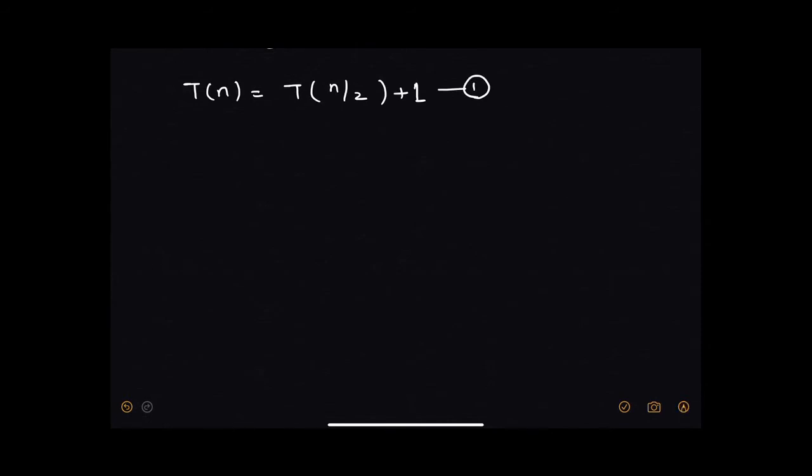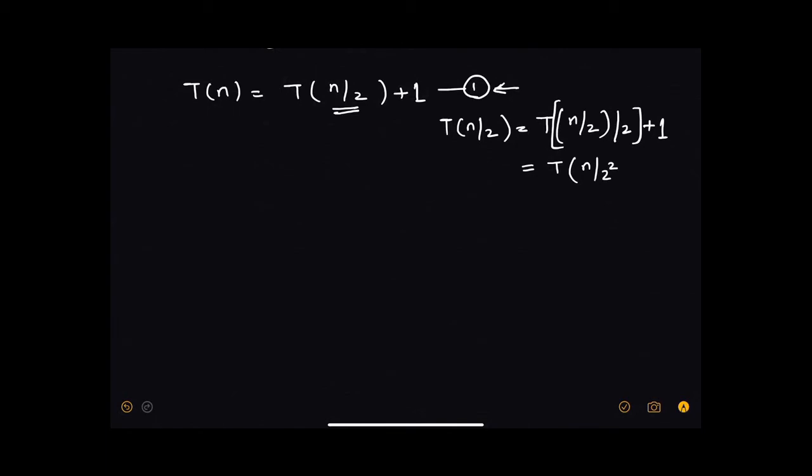I have to substitute the value of n by 2. So I'm going to use T(n/2) using this equation. So my T(n/2) becomes T(n/2 divided by 2 again) plus 1. So this becomes T(n/2^2) + 1.